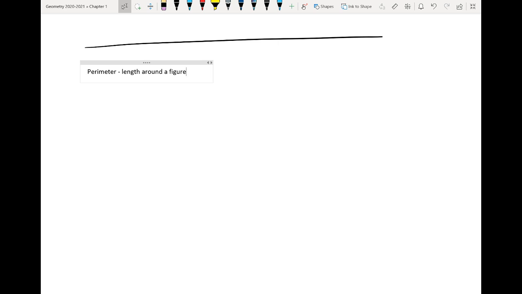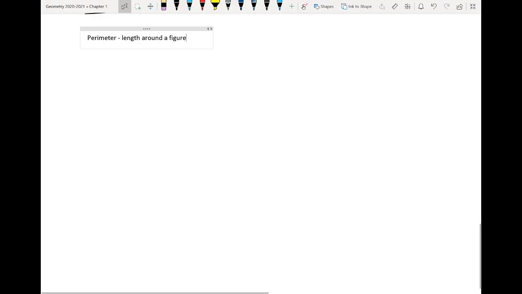Well, to do that, let's actually work in the coordinate plane. So let's find the perimeter of triangle ABC.